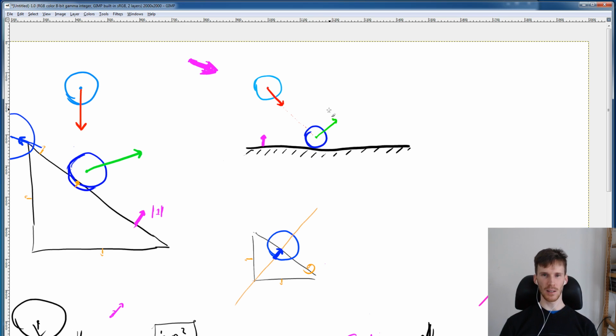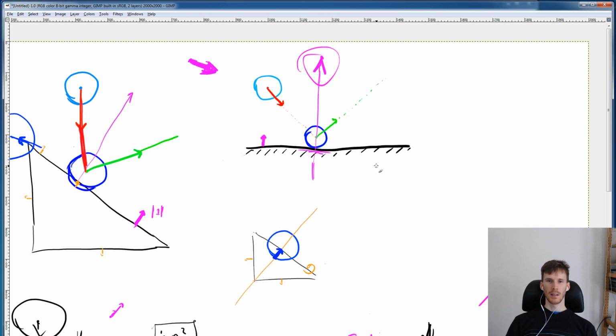Here's the diagram. So we have this sort of axis, and we know which direction it's facing, so we know that this is coming out of the surface, and similarly we have this situation here, and what happens is our red vector, green vector, is going to reflect around this.